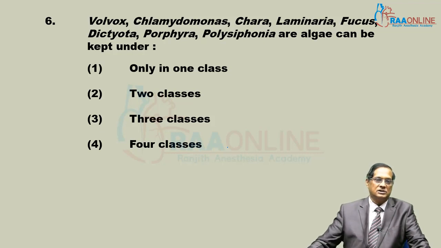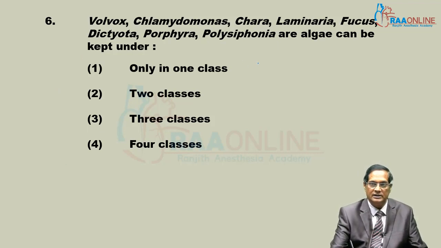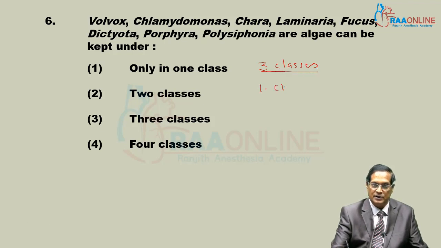Now, sixth question. Volvox, Chlamydomonas, Chara, Laminaria, Fucus, Dictyota, Porphyra, Polysiphonia, under what can they be kept? Actually, algae are classified under three classes. Class number 1 is Chlorophyceae, known as green algae.